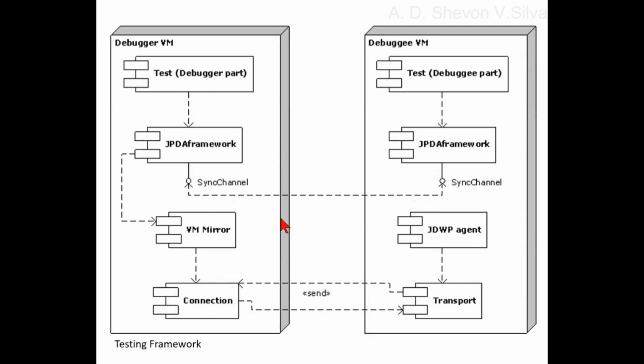The testing method is invoked that performs testing of specific JDWP commands and events, sending JDWP packets over the established JDWP connection, or using the VM mirror wrapper. The test can use the synchronization channel to synchronize its execution with debuggy class.